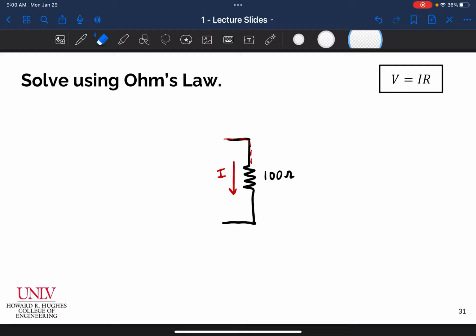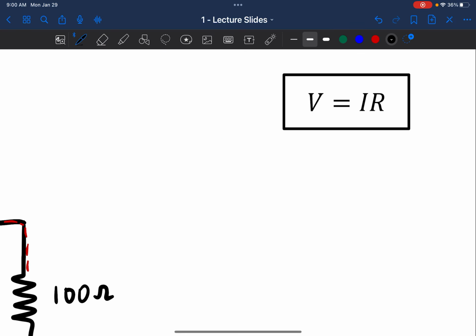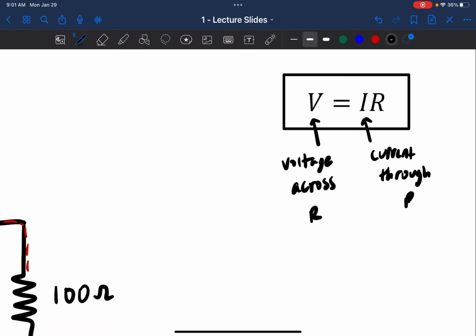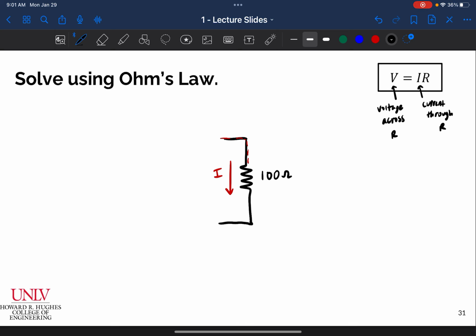Ohm's law tells us the relationship between the voltage across the resistor and the current through the resistor. Maybe that's clear already, maybe it's not, but what I'm almost certain I haven't made clear yet is, what does this arrow tell us? How do we know which way to draw it?